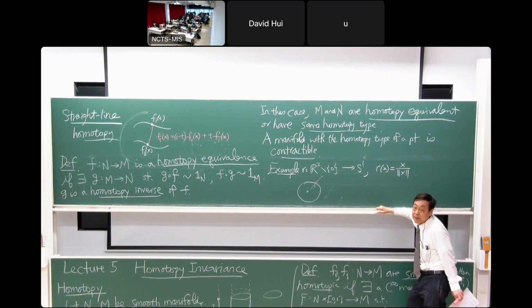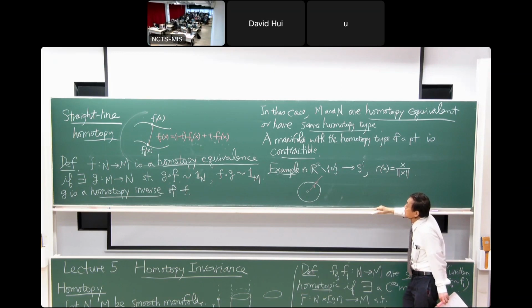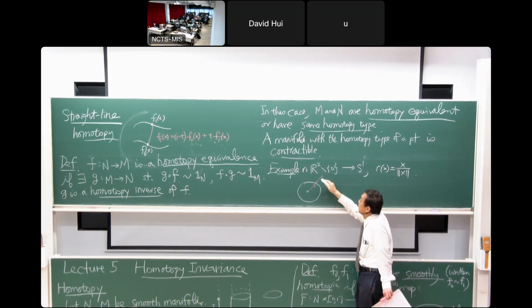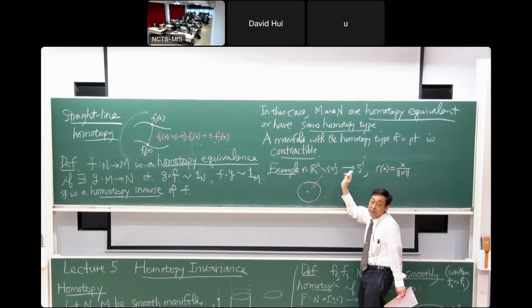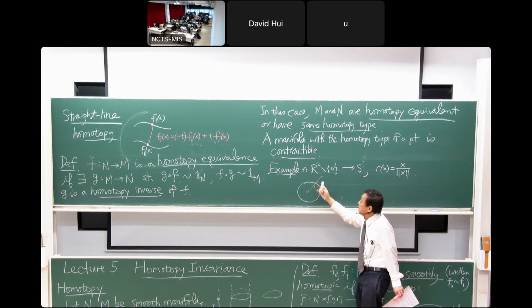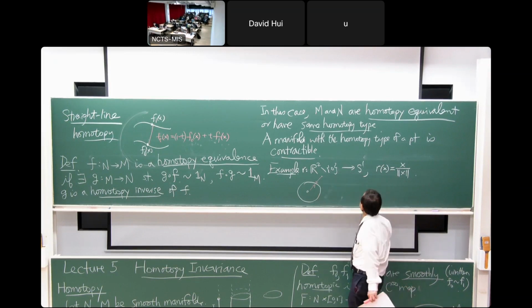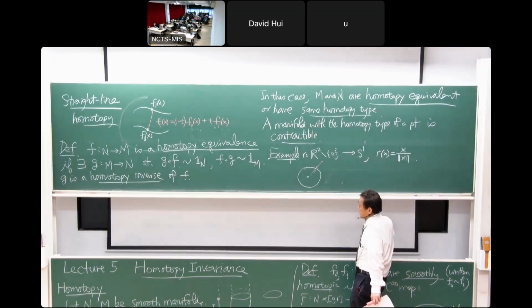So you've got this map. This is called a retraction. A retraction is when you map from a bigger space to a subspace so that the subspace stays fixed. So this is a retraction.